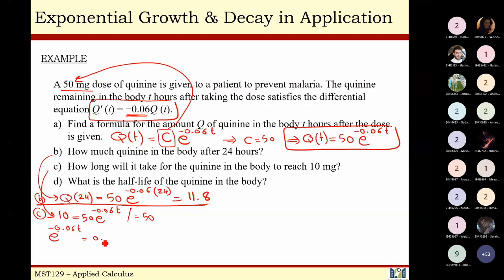So the time equals ln 0.2 divided by minus 0.06.